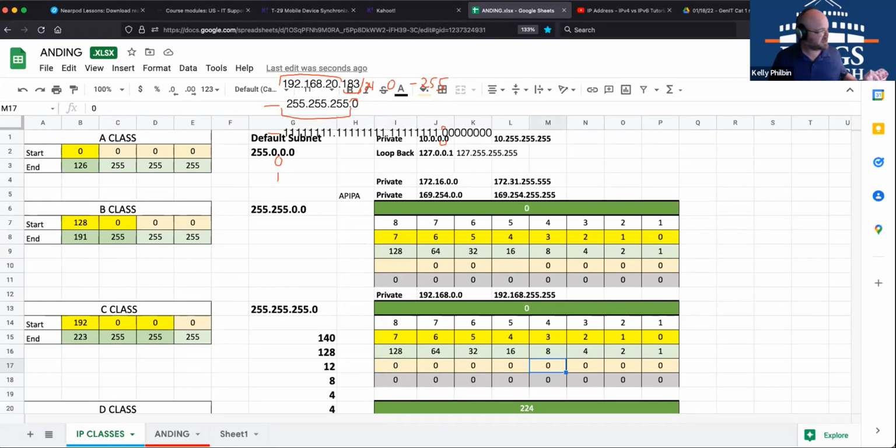And if I go down the line, and remember this first bit, this 128 bit right here, this was our network, right? Because that's that first bit into the new CIDR. So this is a 0 for now, which means I can go from 0 up here, or I can turn on all my bits. 1, 2, 3.